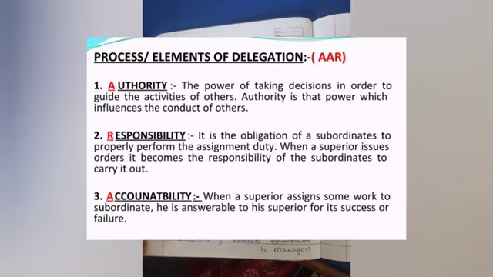It is taking decisions in order to guide the activity. Authority is the power which influences the conduct of others. Second is responsibility. It is the obligation of the subordinate to perform the duty. After that, we have accountability. When a superior assigns some work to a subordinate, he is answerable to his superior for its success or failure. So that is all about delegation.